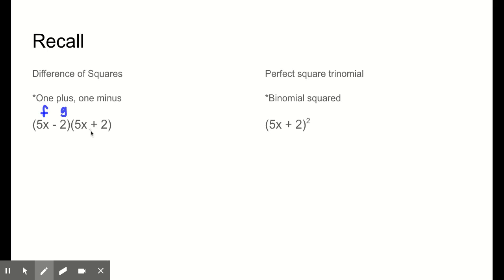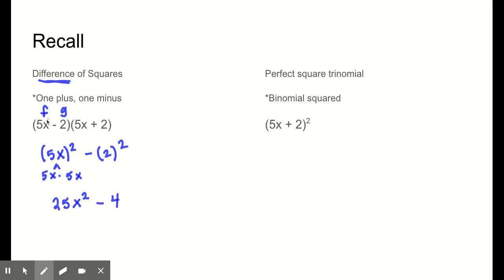With the one plus, one minus, the signs are irrelevant because every time we multiply this out, we get the difference of squares, which means that we are subtracting. So we are going to have 5x to the second power minus 2 to the second power. So 5x to the second power is 5x times 5x, and that's going to give us 25x squared. So we have 5 times 5 and x times x, minus 4.